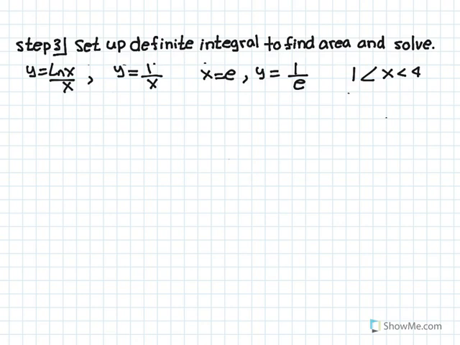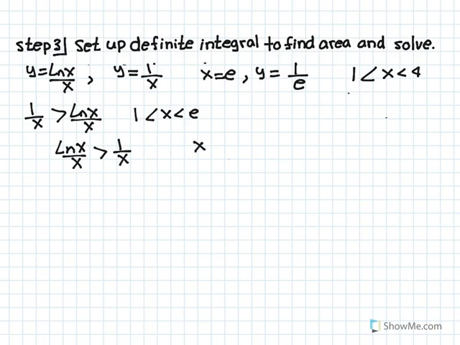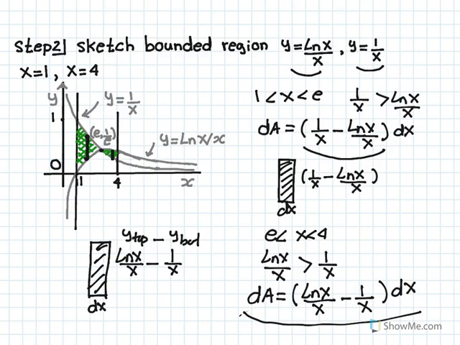We also noticed that 1 over x is larger than log x divided by x when x is between 1 and e, and log x over x is larger than 1 over x when x is larger than e and less than 4. And we saw that from the diagram here.